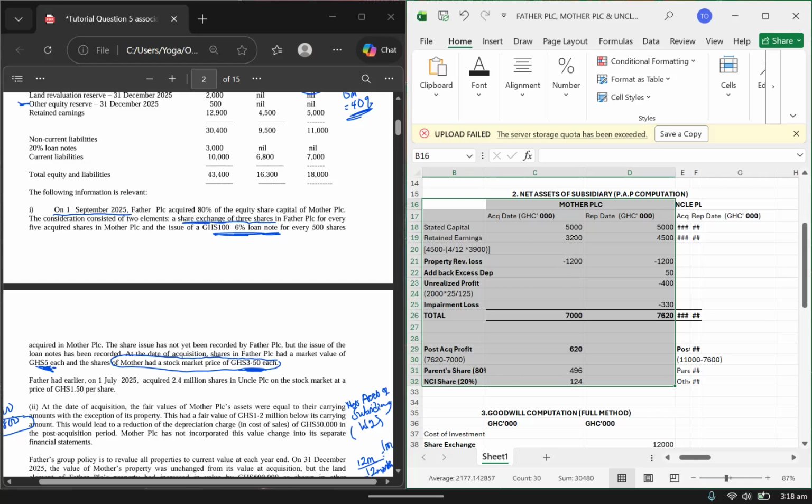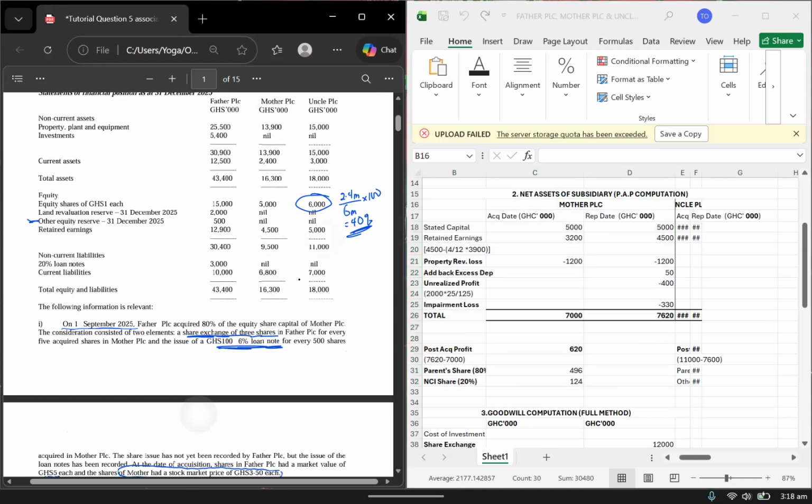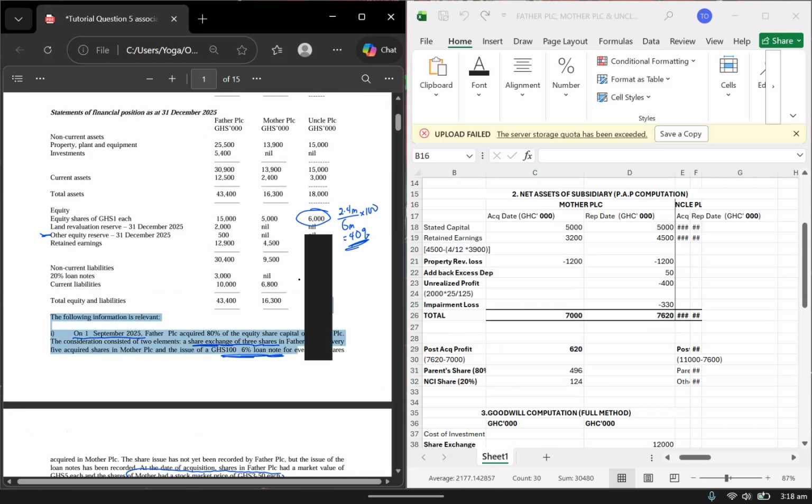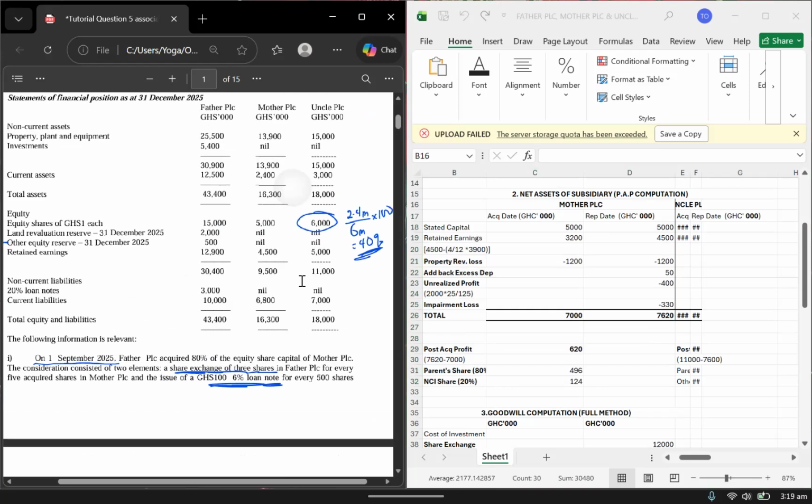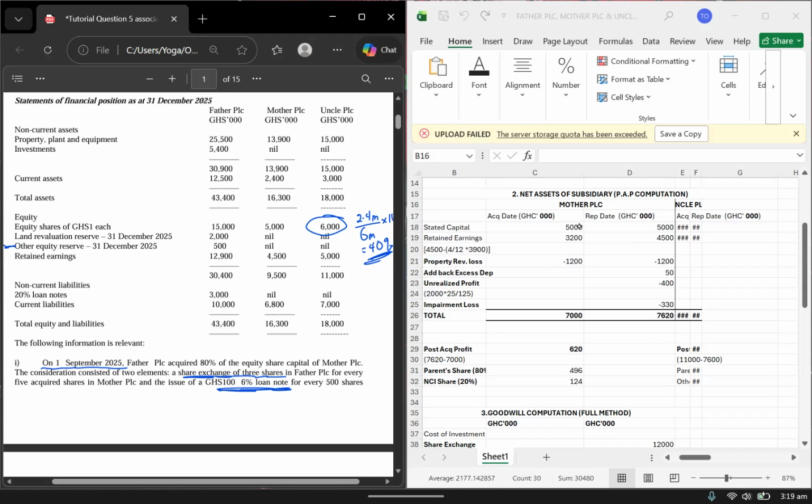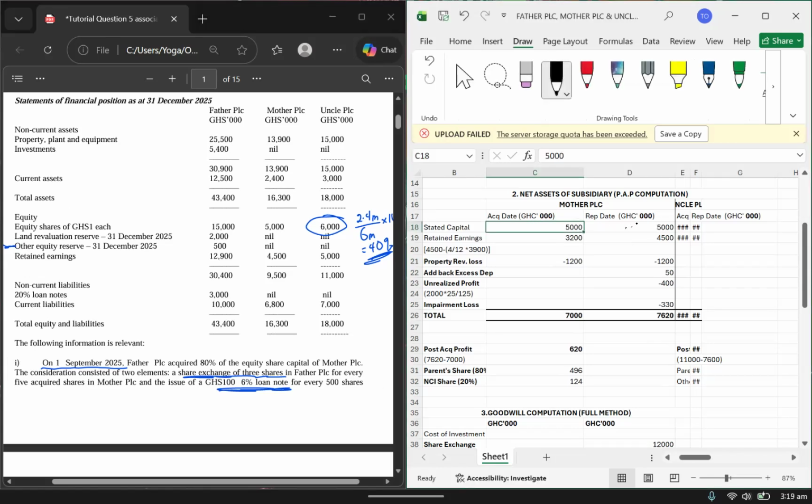All right. So the stated capital, as I said earlier, normally doesn't change. So you come to equity, the stated capital of the subsidiary is 5,000. So you have 5,000 at acquisition, 5,000 at reporting as well. And then we have the retained earnings.